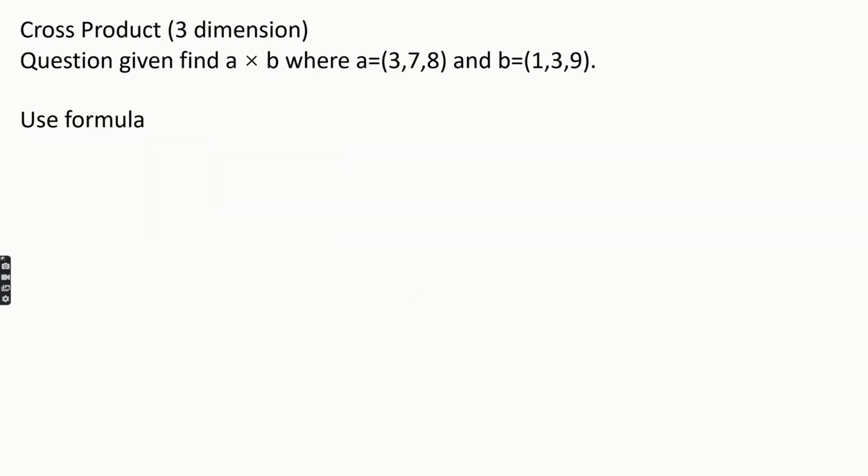On to the next part. This is an example of the cross product in three dimensions. Question given: find a cross b, where a equals (3, 7, 8) and b equals (1, 3, 9). To find a cross b, we should use this formula.